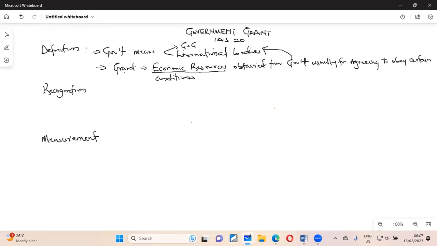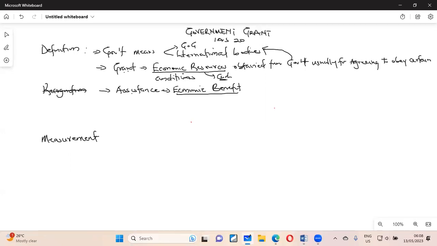Then there is another definition that I'm going to talk about, which is also very important. You call it government assistance. Now, there is a difference between the grant and the assistance. The grant is like an economic resource, meaning we are talking about money, cash.